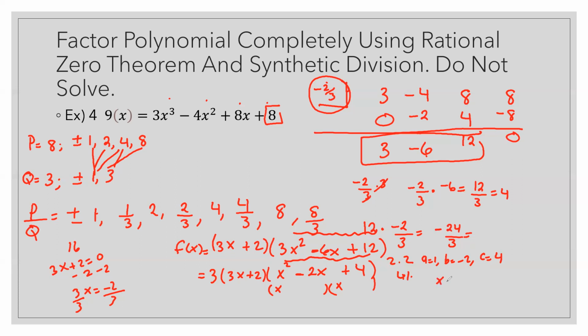So using the quadratic formula, x equals the opposite of b, which is 2, plus or minus the root of b squared, which is 4, minus 4 times a, which is 1, times c, which is 4, all over 2a.